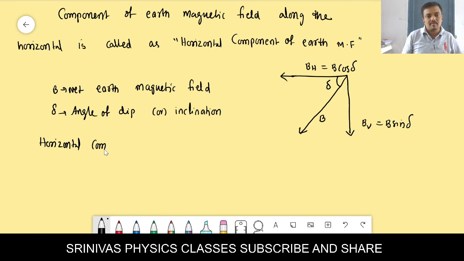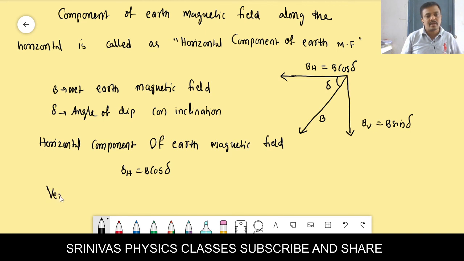Horizontal component means along the x-axis. From the figure, it is BH. Its formula is B cos delta.